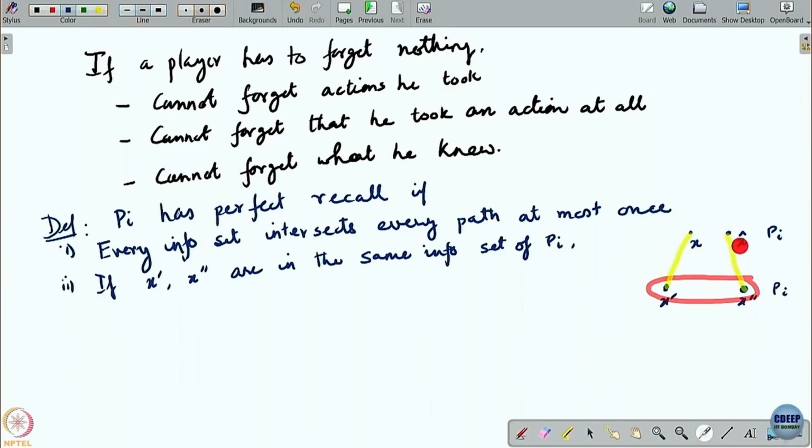Because if these are in two different information sets, then there was something that player I knew at that time which helped him distinguish between x and x hat. But after that, the game has reached a stage where he cannot distinguish between these two histories anymore. Which means there is something he knew at that time which he has forgotten.